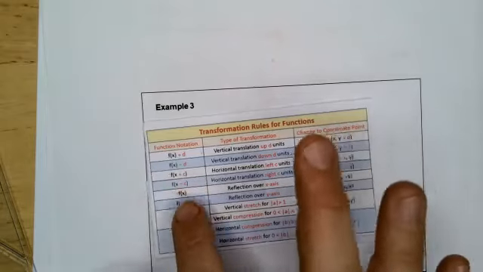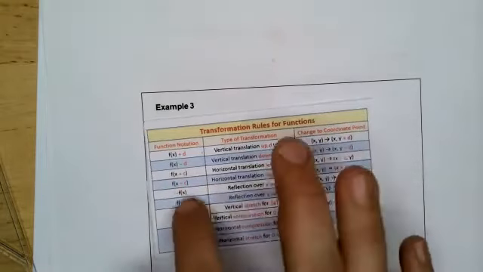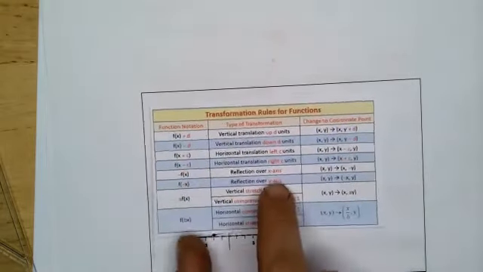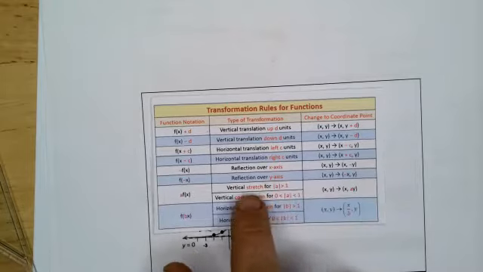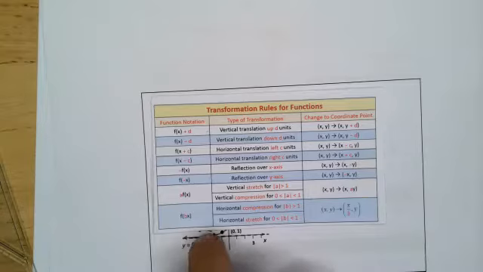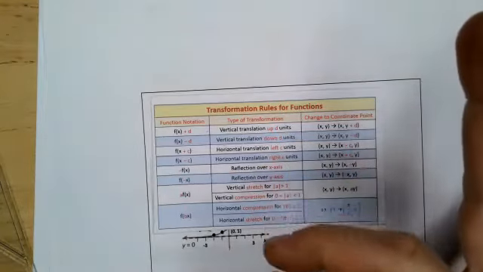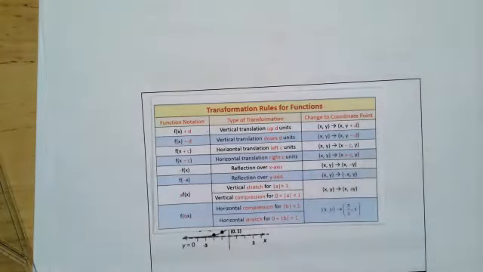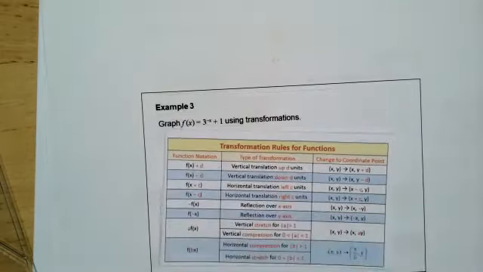If we make everything negative, we're reflecting it over the x-axis. If we make just the x negative, we're reflecting it over the y-axis. If we multiply everything by a, we're stretching or compressing it. If we're multiplying x by a, we're horizontally compressing or stretching it. Good. So definitely have your transformation rules out to solve problems like this.